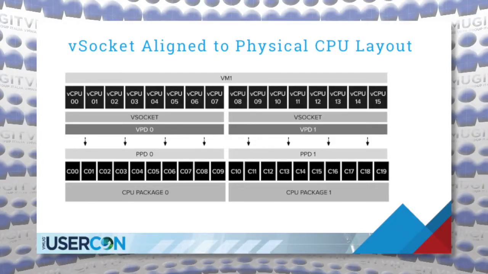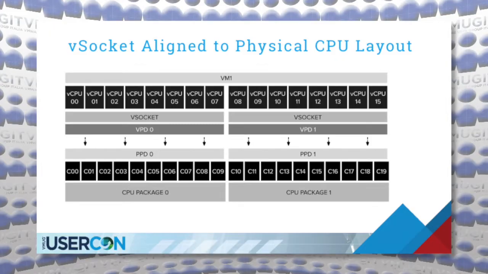So the idea is, if you use vSockets, please figure out and use the physical environment. If you know that there are 10 cores, ask how many vCPUs will fit inside a NUMA node? 8. I will create a VM with 8 vCPUs per socket.